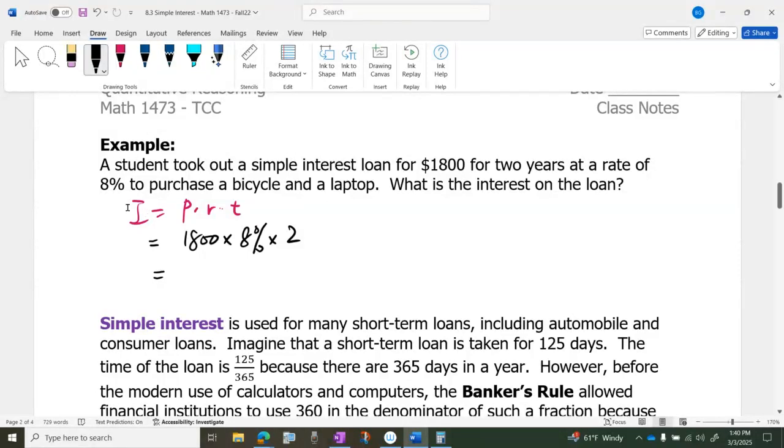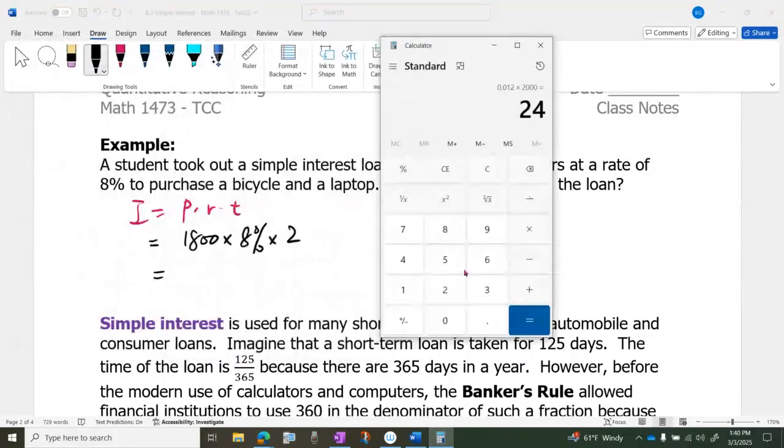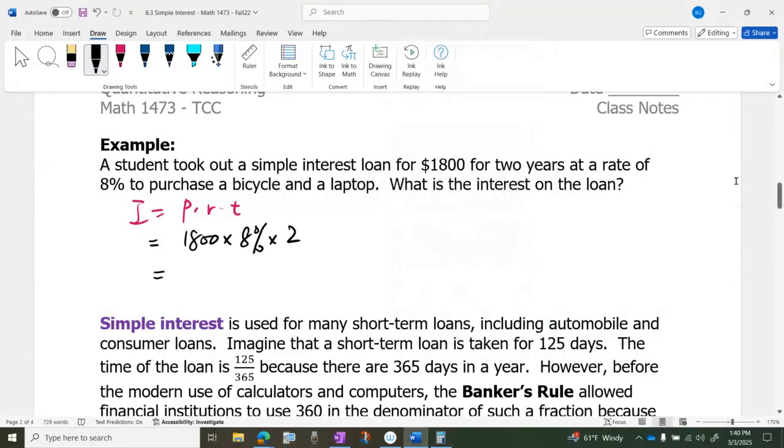And you just need to use a calculator to figure out the result. 1,800 times 8% is 0.08, and then times 2, $288.